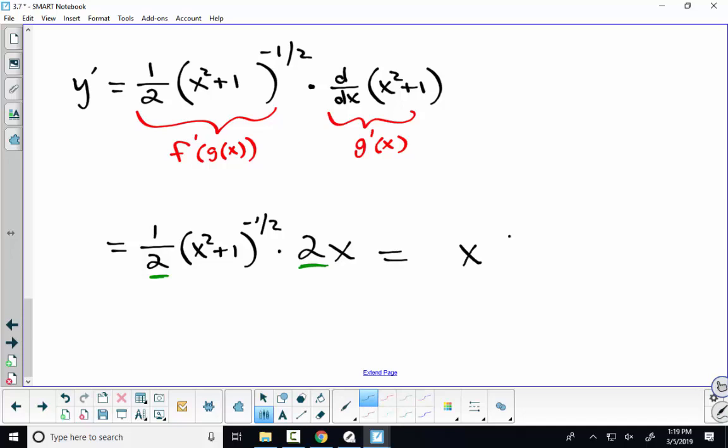So we have x times the quantity x squared plus 1 to the negative 1/2, which is the same as the result we had with version 1. Rewrite this with positive exponents and radicals. It's the same result.